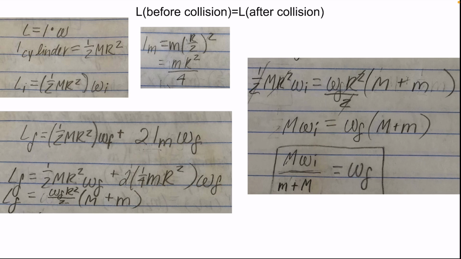And a lot cancels: the radius cancels, the 1/2 cancels, and we can eventually simplify that down to omega final being equal to the mass of the turntable times the initial angular velocity of the turntable over the mass of the cube plus, once again, the mass of that turntable.